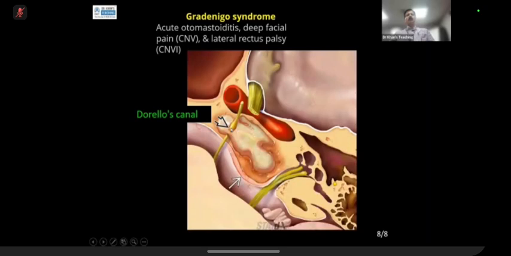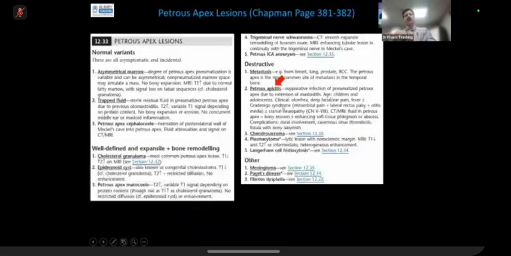Remember the anatomy, because the 6th nerve and the other nerves which go into the cavernous sinus can be involved. So the definitions can be variable.